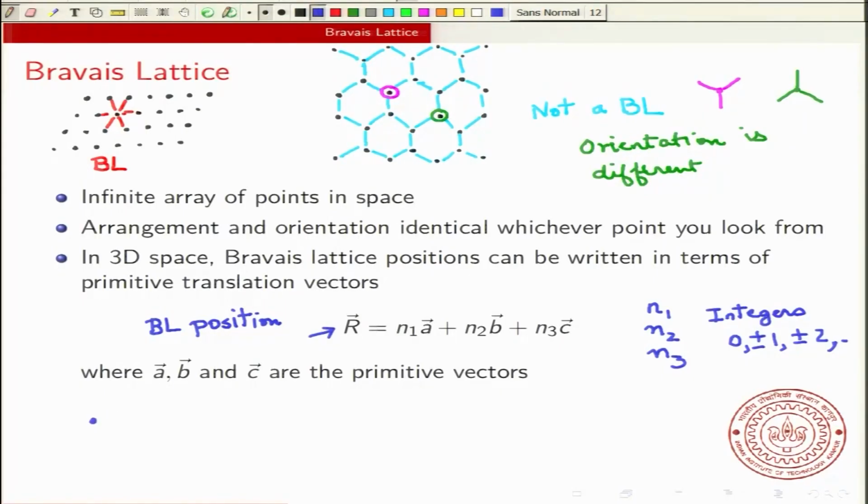So, if you have a simple cubic lattice of size A, and let us say the length of this lattice is A, then I will just complete the cube and imagine that you have a lattice. So, this is really extending in all directions.